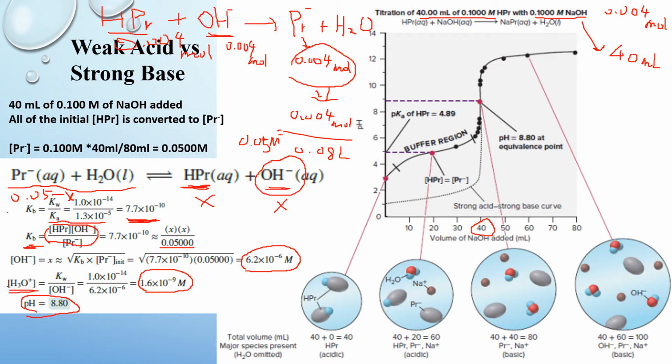So it's no longer 7, as is the case between a strong acid and a strong base. Because at the equivalence point, we have PR- other than water, and this PR- is a weak base, so that will generate some hydroxide. So the pH is higher than 7, because hydroxide will increase the pH.